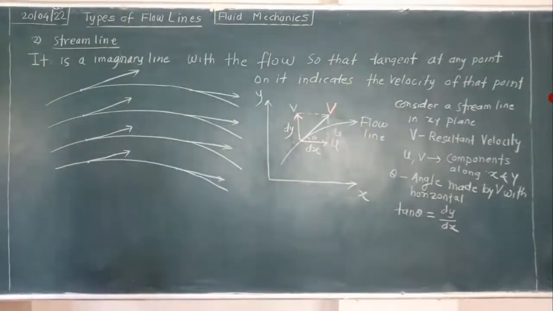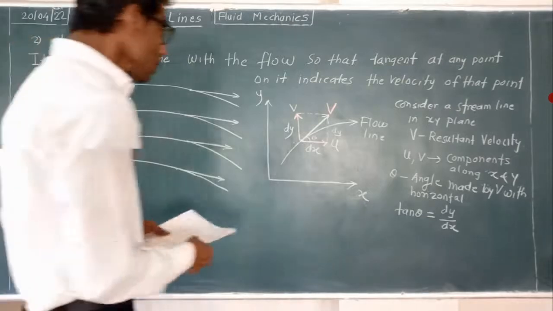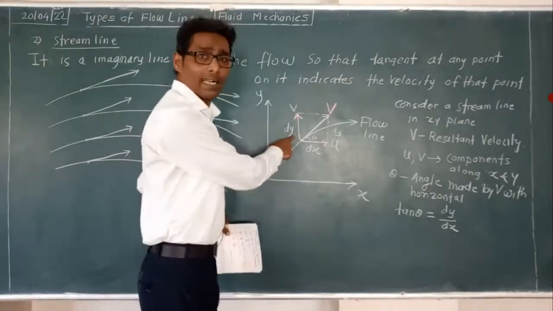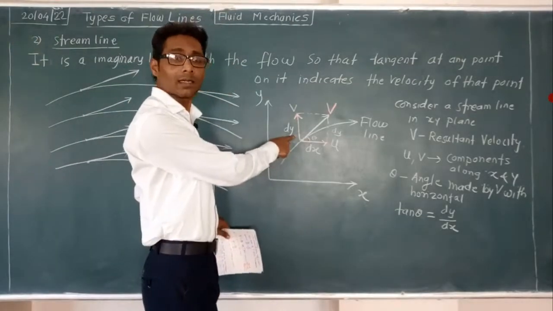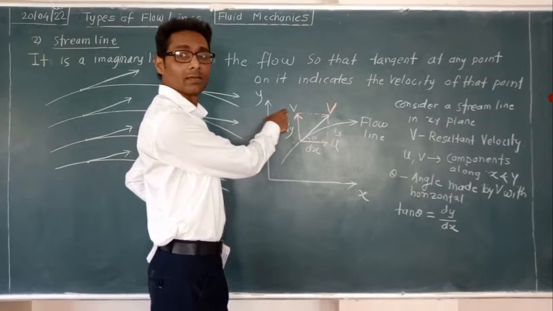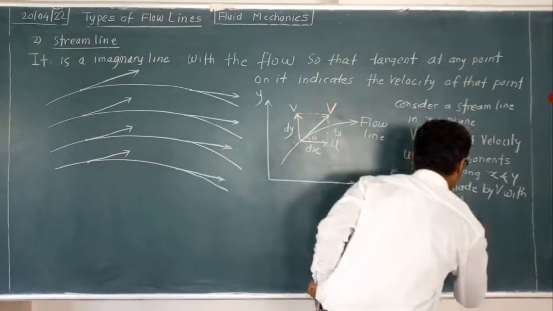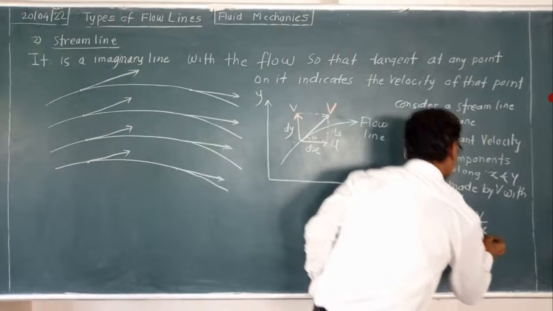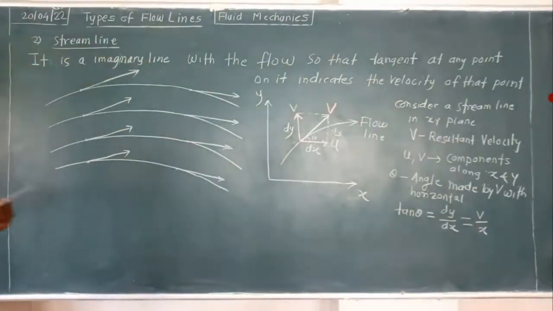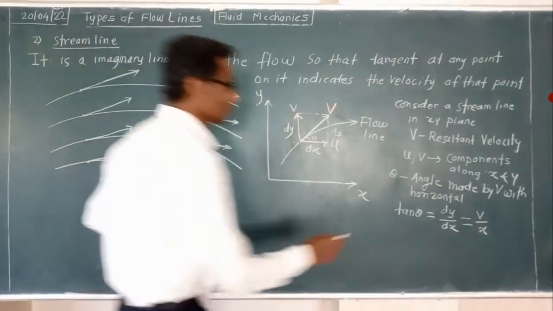Tan theta is equal to dy by dx. This is the slope of the line. Now dy represents velocity v and dx represents velocity u. So we have dy upon dx is equal to v upon u.